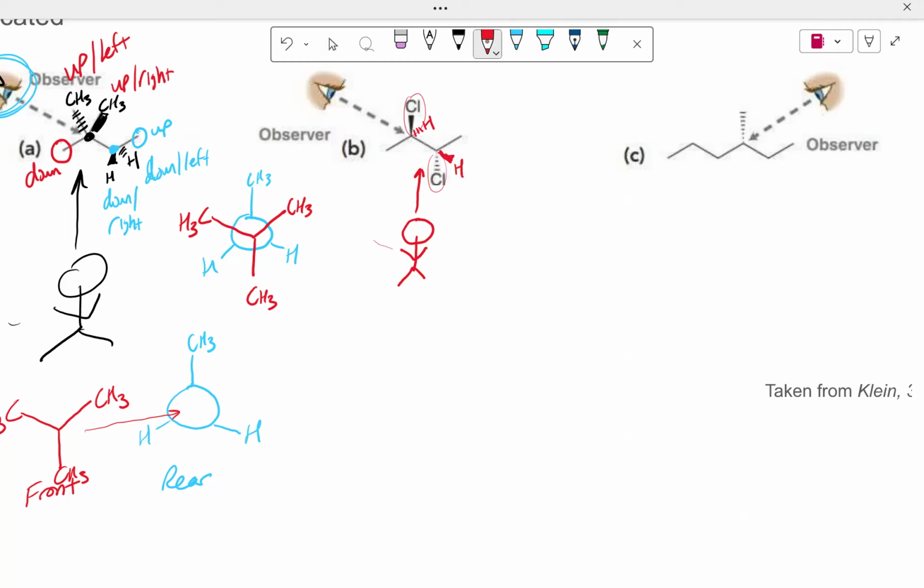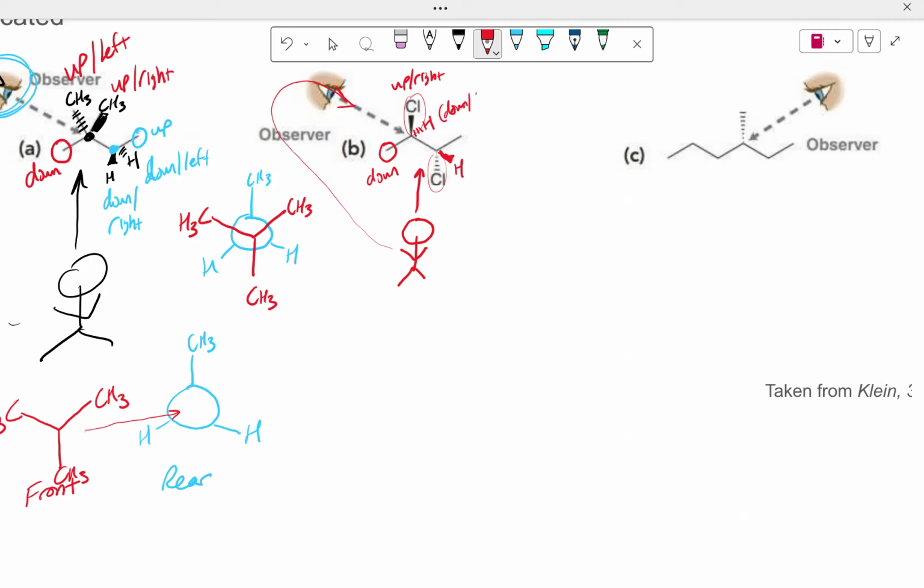So then you take a little walk, and now you're going to observe it head on. So when you do that, then this group right here, whatever that is, is going straight down. This chlorine is going up and to the right, and this hydrogen is going down.